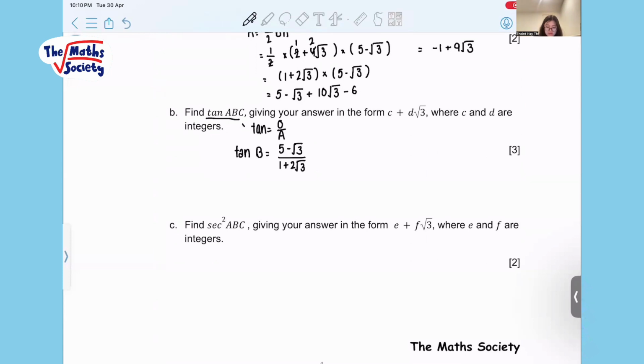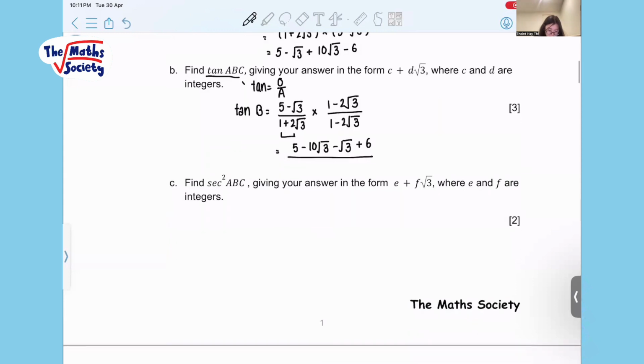Because we know that it's plus, we need to multiply by its conjugate, which is multiply by 1 minus 2 root 3 divided by 1 minus 2 root 3. So you'll have 5 minus 10 root 3 minus root 3, and then plus 3 times 2, which is just 6, divided by 1 minus 2 root 3 plus 2 root 3, and then minus 2 times 2 is 4, 4 times 3 is 12.